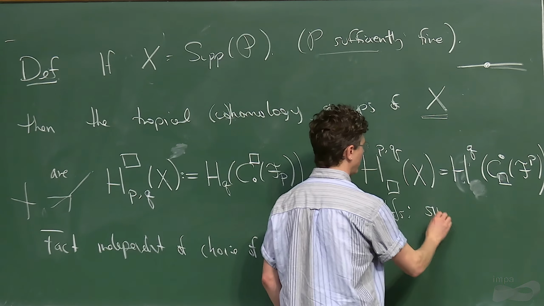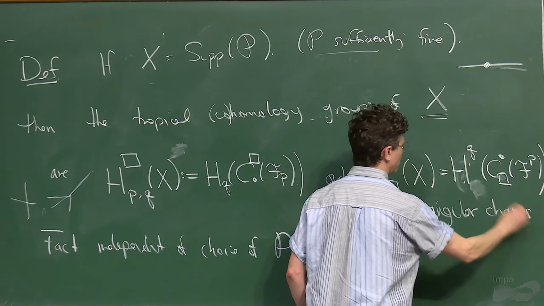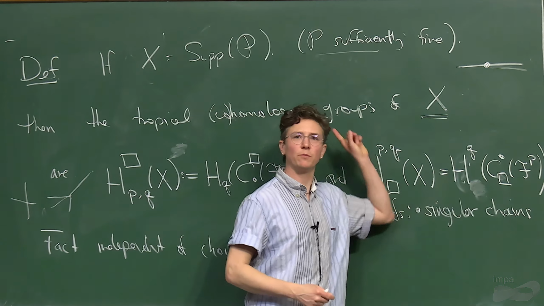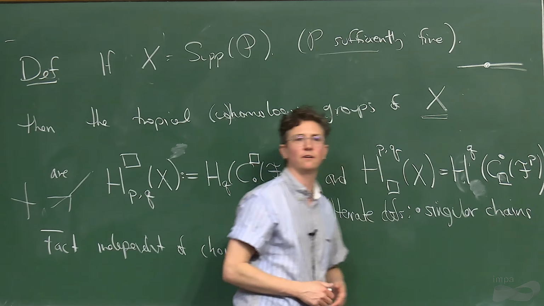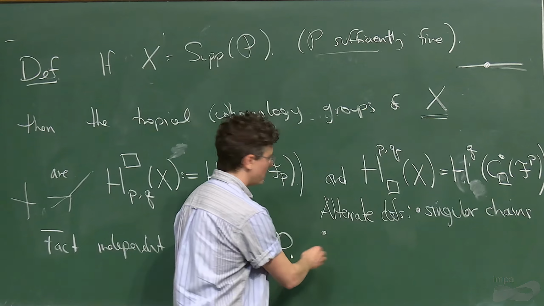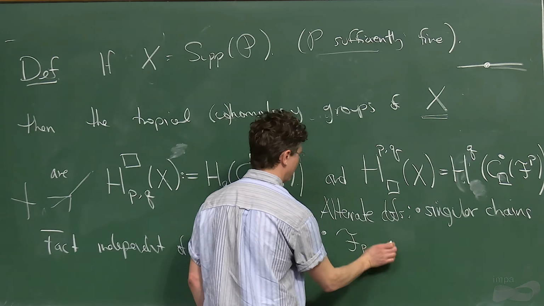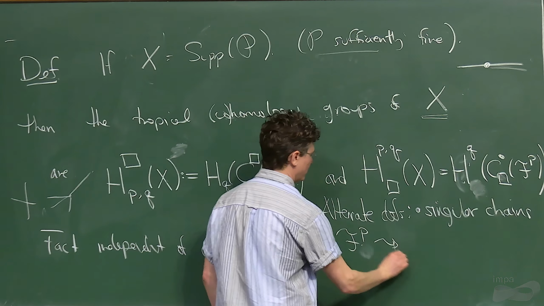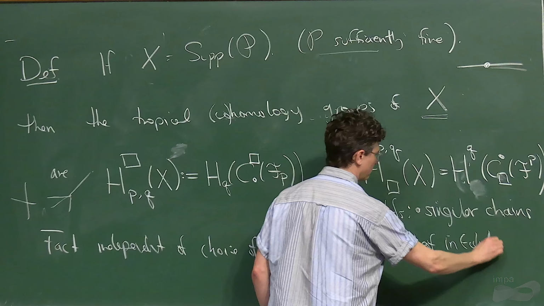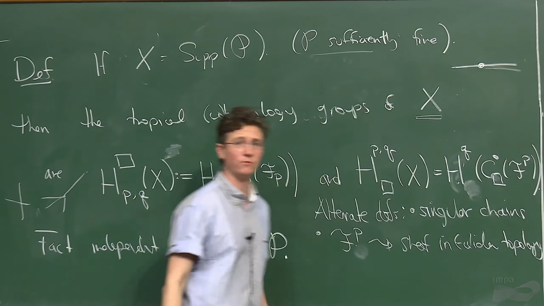We could use singular chains or cochains, and they have to respect the stratification given by P, and then you get coefficients given by F_p still. Another one, we could also make these F_p into a sheaf in the Euclidean topology. Right now it's a cellular sheaf, which is actually a sheaf in the Alexandrov topology.